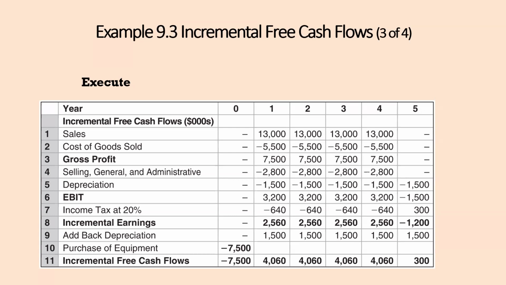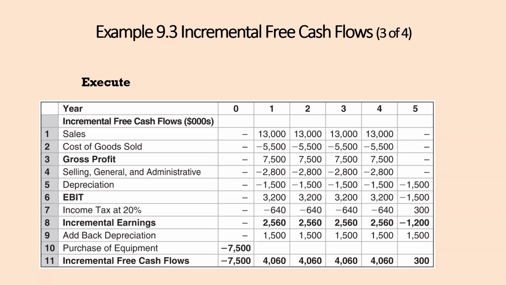In year 0, sales, cost of goods sold, gross profit, selling, general and administrative, depreciation, EBIT, income tax at 20%, incremental earnings, and add back depreciation are blank.